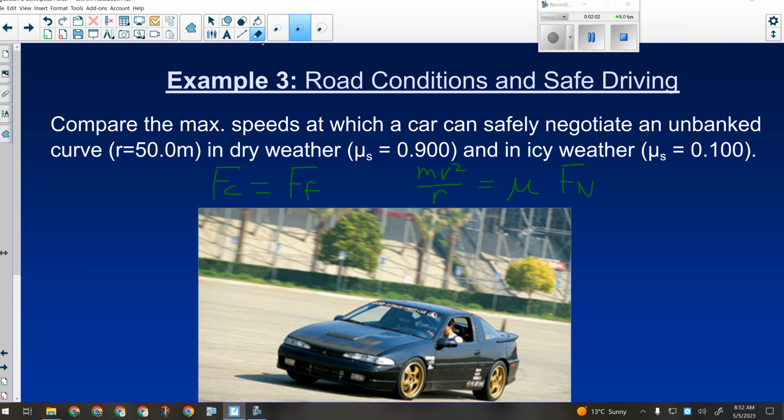The force of gravity. So I can actually just say mu mg. What's on both sides of this equation? Mass. So what does that mean for any corner? Mass doesn't matter.